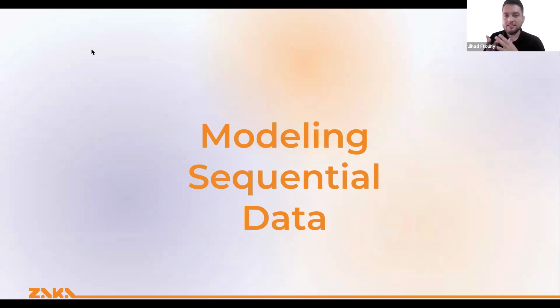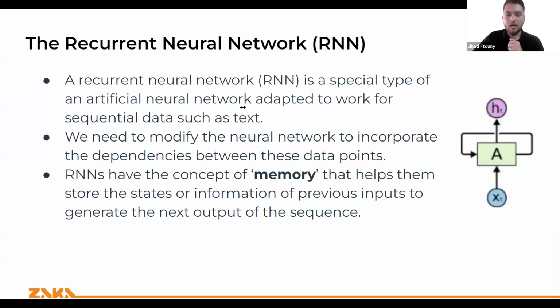Text is a form of sequential data because you cannot understand a text, a sentence, without hearing the previous words in that sentence. So in a way, we need to do this in a sequential way. How we used to do it in the past was with recurrent neural networks. We still use them, of course, for other use cases.